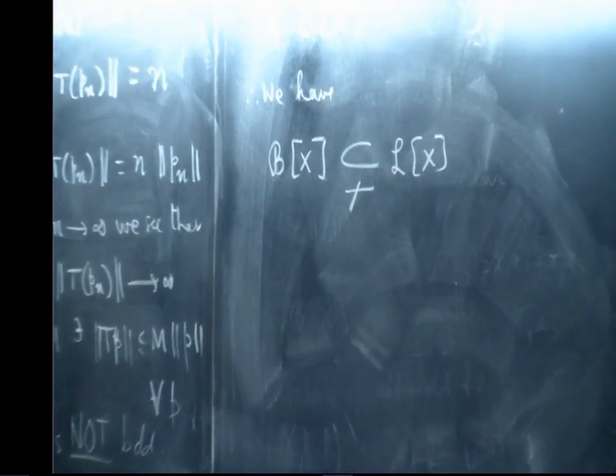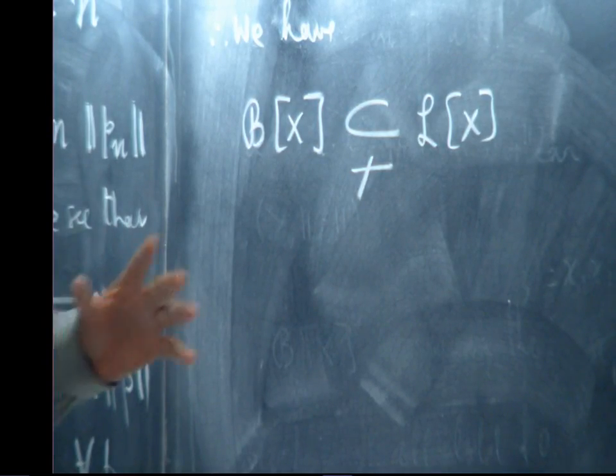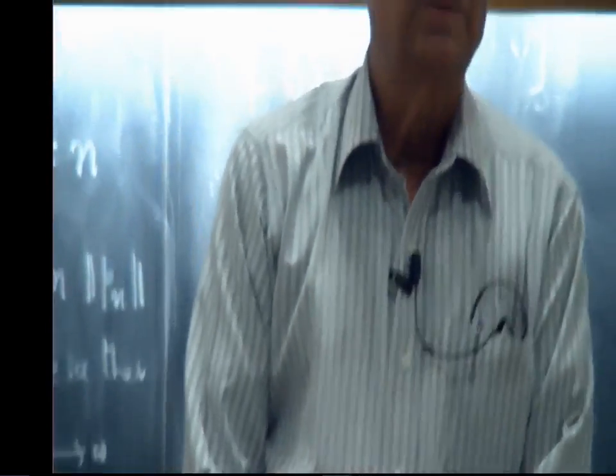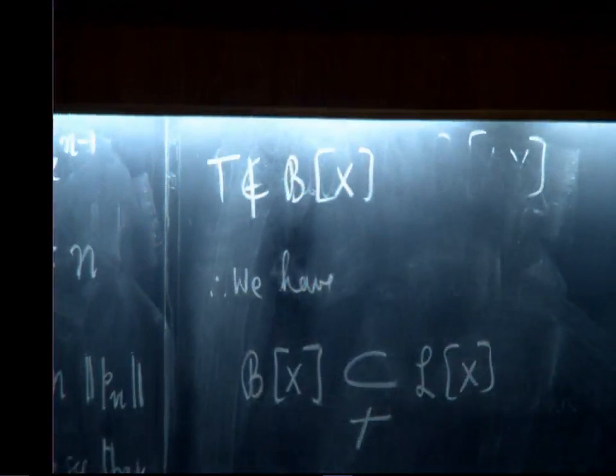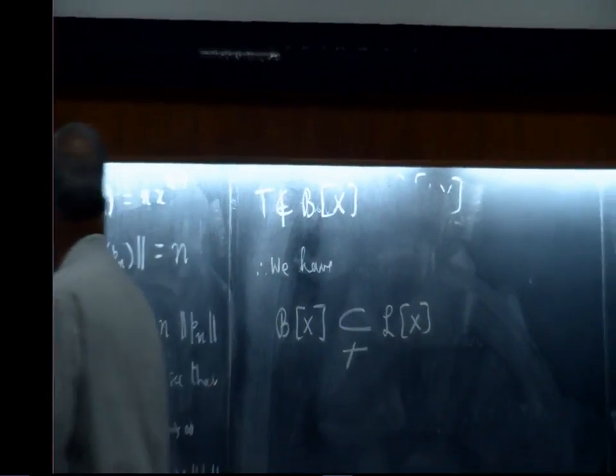So therefore, the class of bounded linear operators in general is a much smaller class than the class of all linear operators. So the class of all bounded linear transformations from X to Y is a much smaller class than the set of all linear transformations from X to Y in general. Okay. Right.